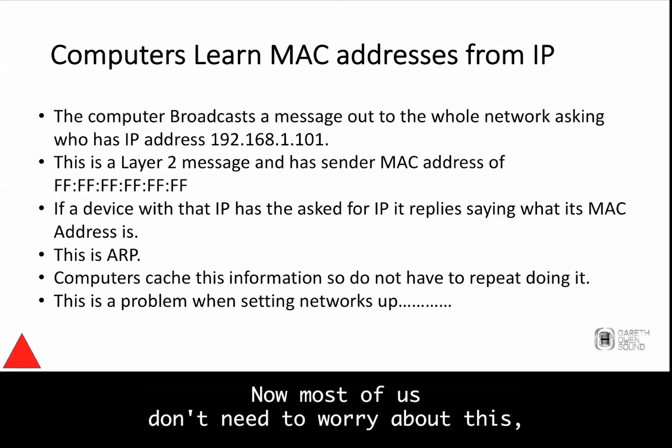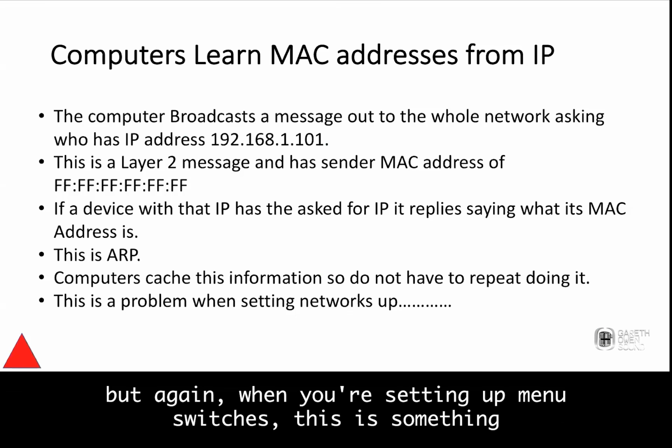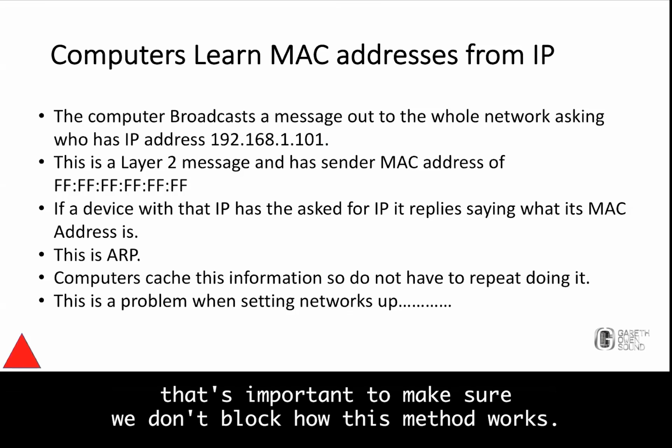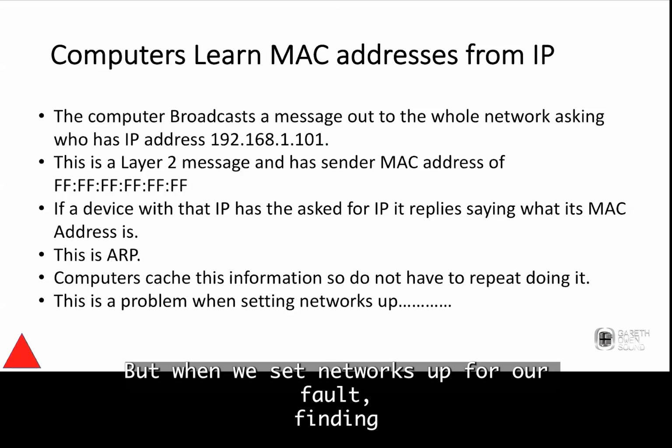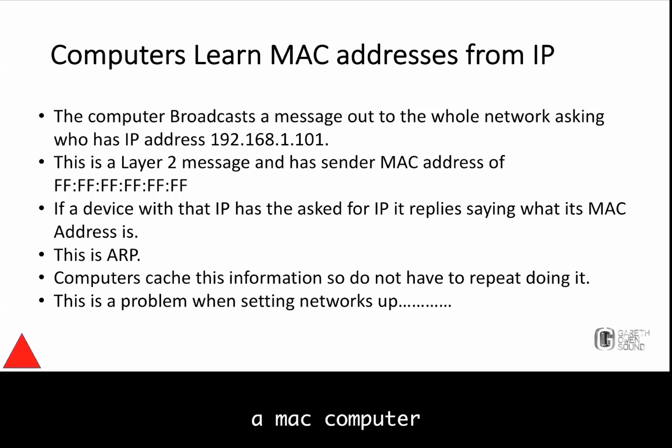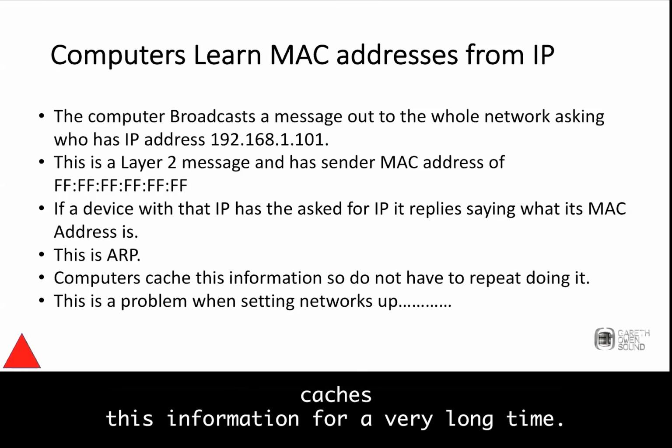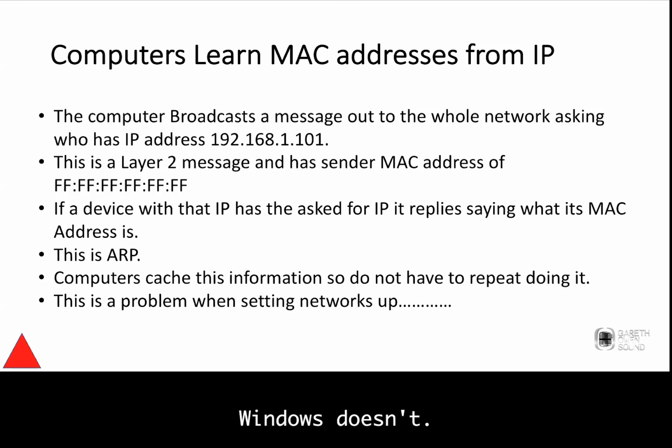Now, most of us don't need to worry about this, but again, when you're setting up managed switches, this is something that's important to make sure we don't block how this method works. This all happens under the hood. We don't have to worry about it. But when we set networks up or are fault finding, a Mac computer caches this information for a very long time. Windows doesn't.